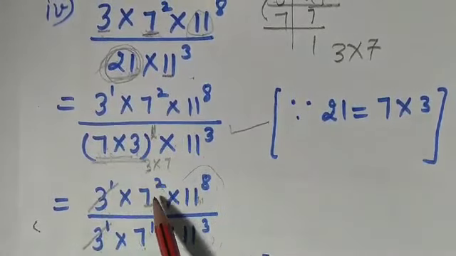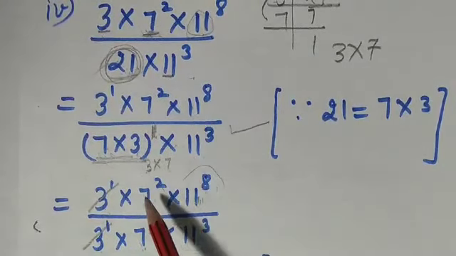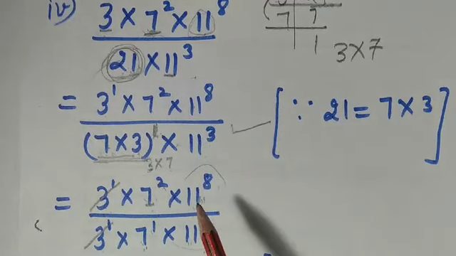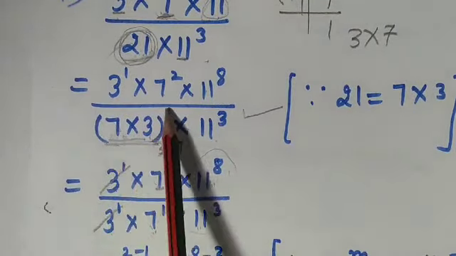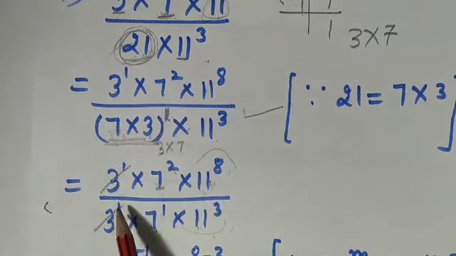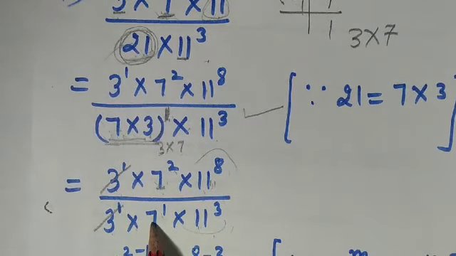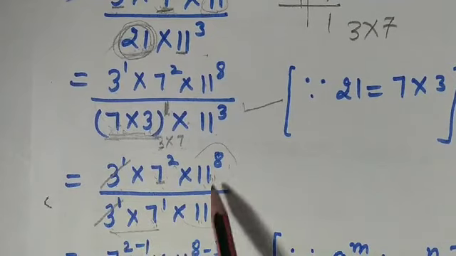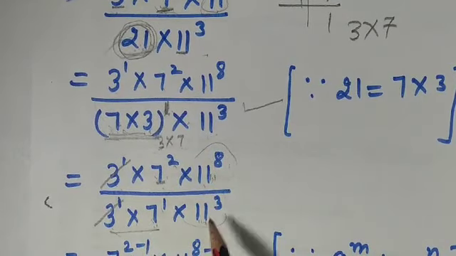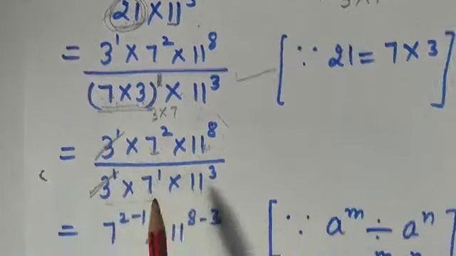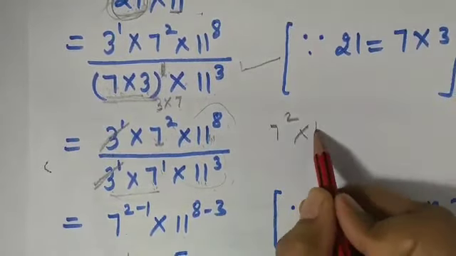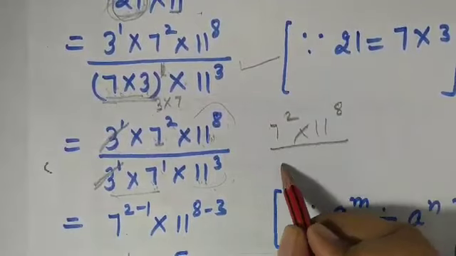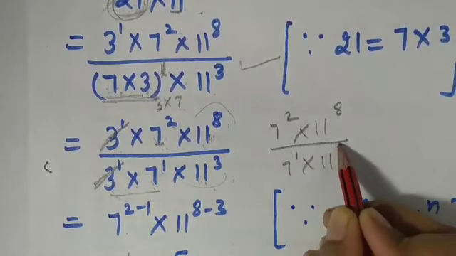3 raised to the power 1, 7 raised to the power 1, sorry, 7 raised to the power 2, 11 raised to the power 8. Here in the whole bracket I have the power 1, so it will be 3 raised to the power 1 into 7 raised to the power 1, into 11 raised to the power 3. Now this cancelled with this, we are left with 7 raised to the power 2 into 11 raised to the power 8 and 7 raised to the power 1 into 11 raised to the power 3.